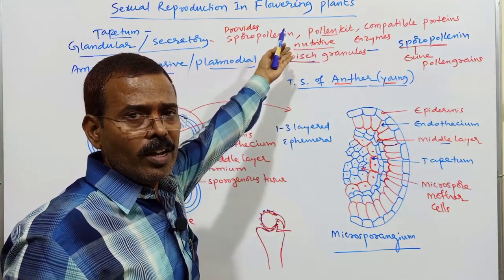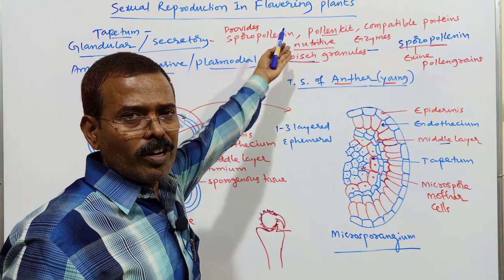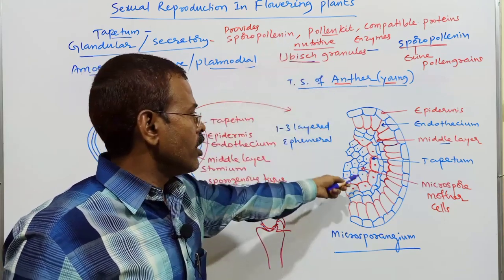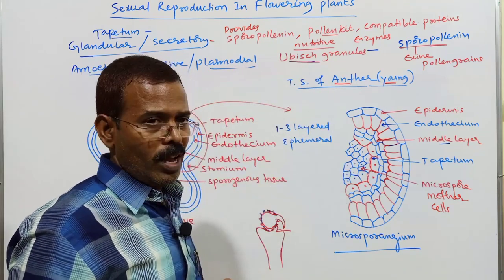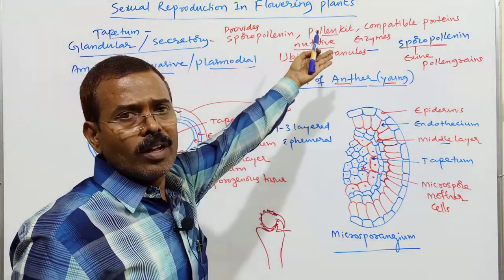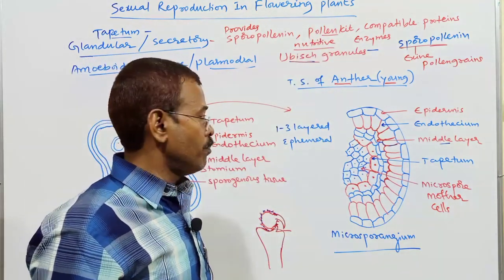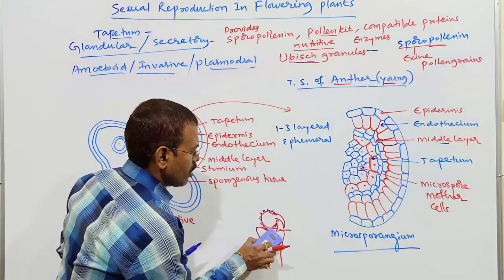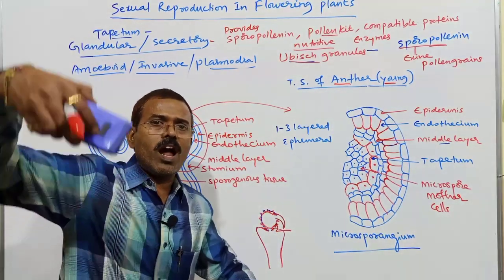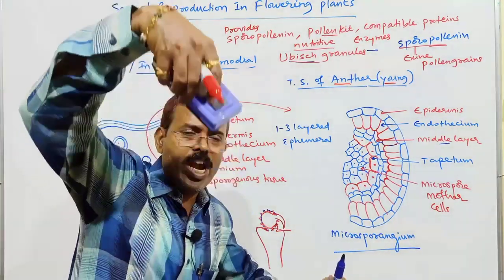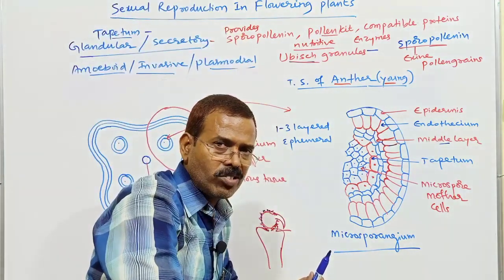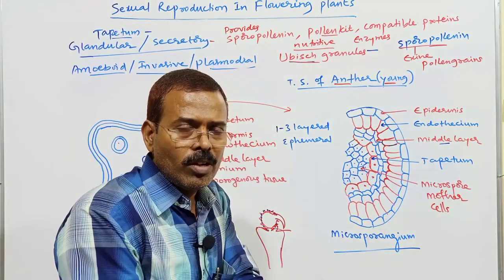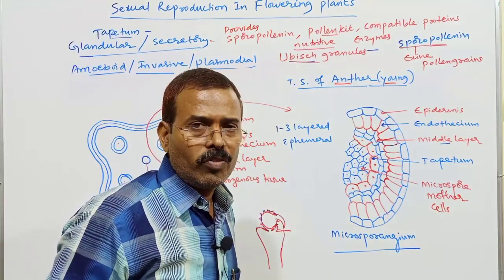It provides food material to the developing pollen grain formed from the microspore mother cells, and also produces enzymes that help in the dissolution of the stigmatic surface, so that the pollen tube can penetrate through the stigma and style and later reach the ovule, which contains the egg.